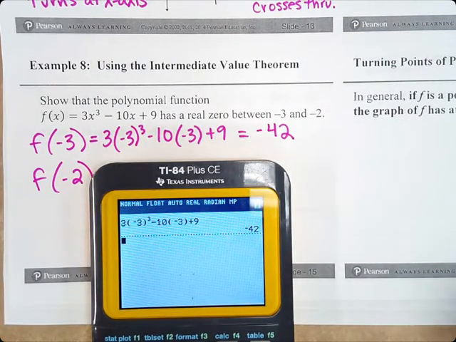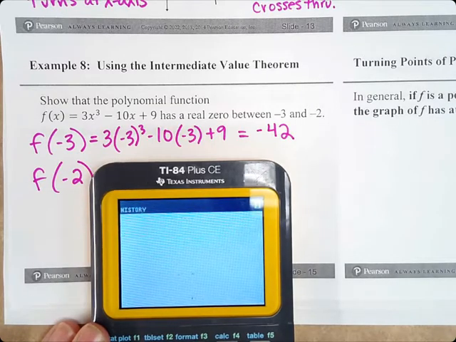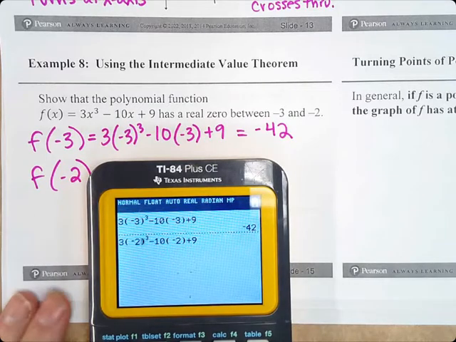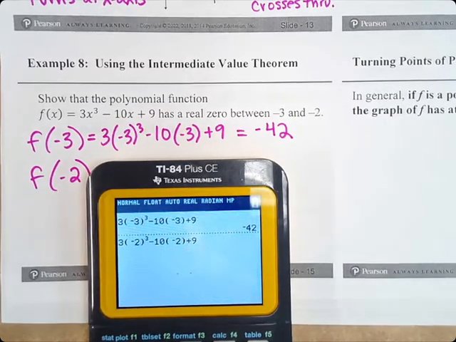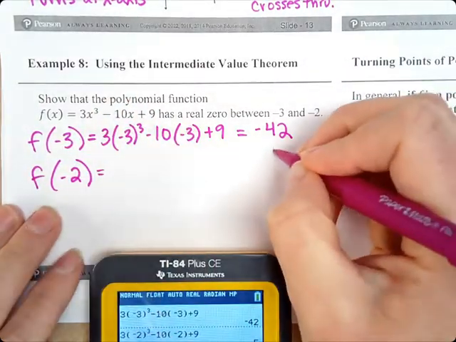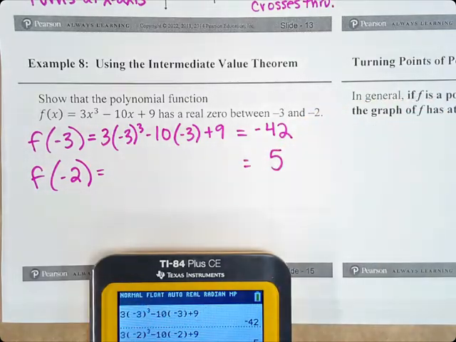And then we plug in a -2. So I'm just going to go up here and change that 3 to a 2. Whenever you plug in the -2, you get 5.